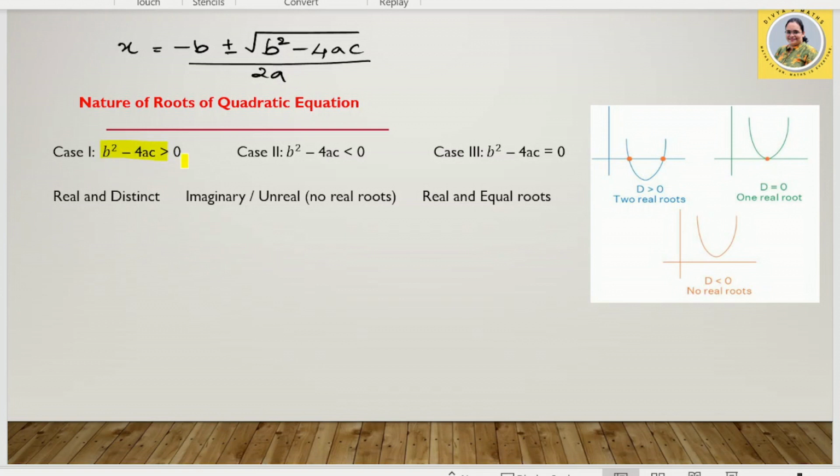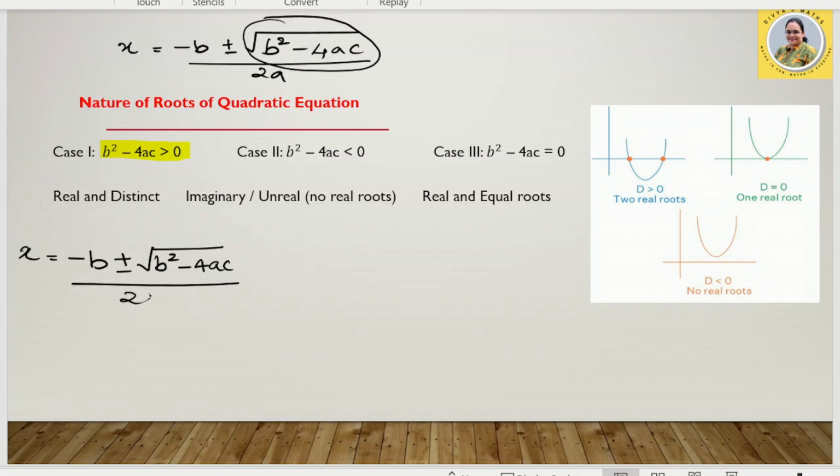Okay, so if b square minus 4ac is greater than 0, so see here, x equals minus b plus or minus root of b square minus 4ac by 2a. If it is greater than 0, you will get a positive number, right?